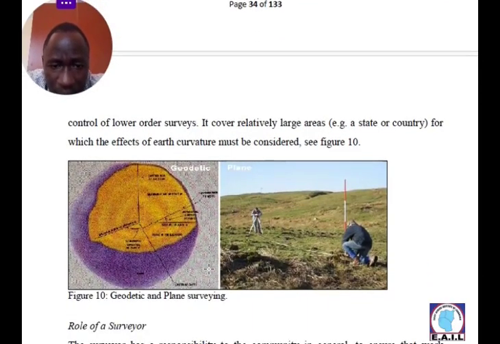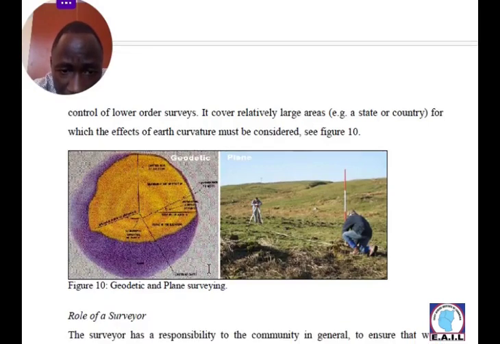Now when you look at the two, geodetic surveying and plane surveying, the first one, the geodetic surveying method, shows you the wider area and looks at the shape and the size.